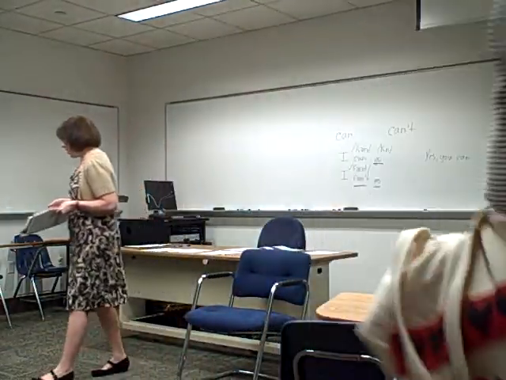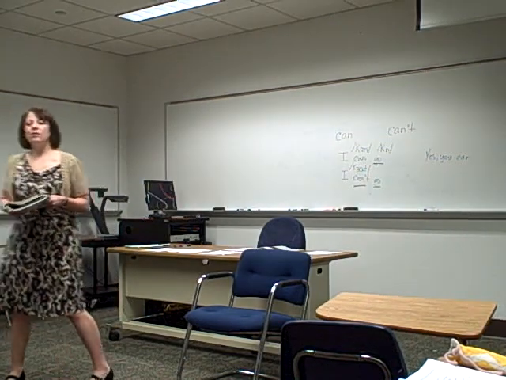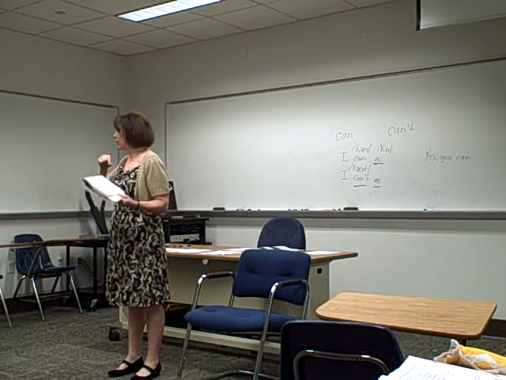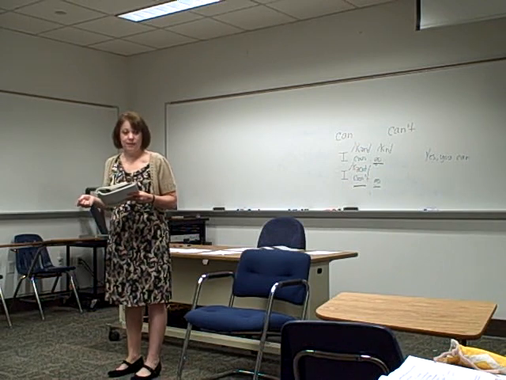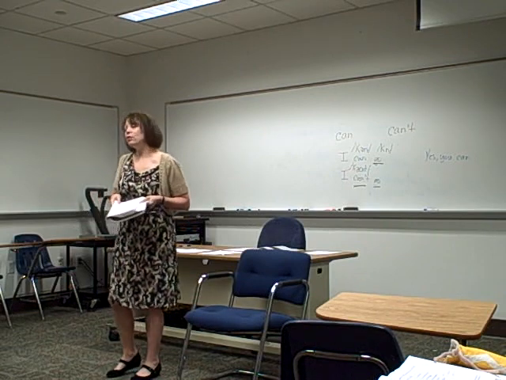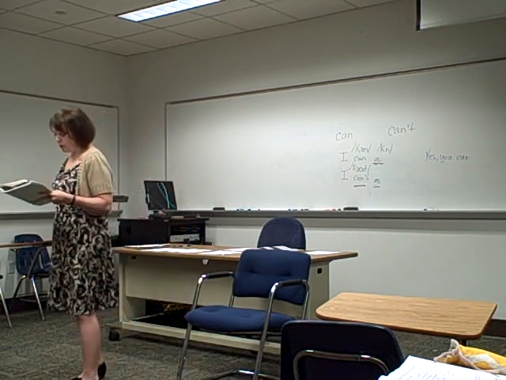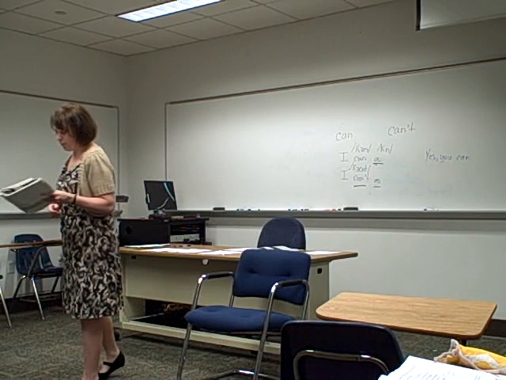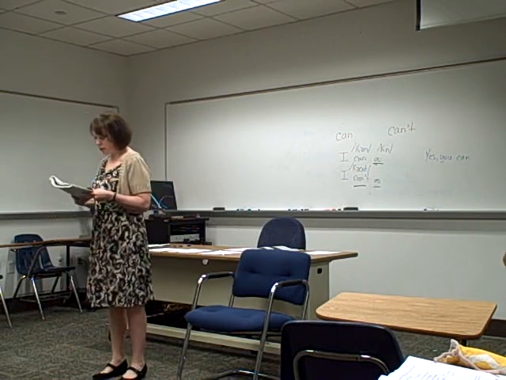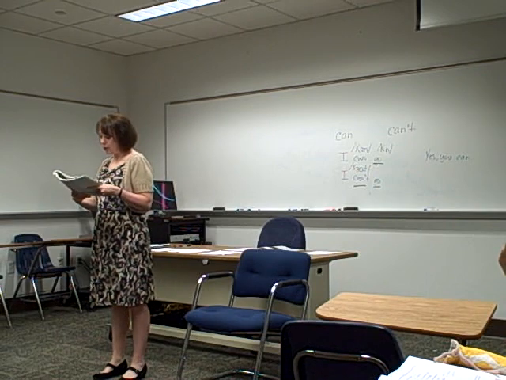Okay, so what you're going to do for the pairs exercise is you're going to work with your partner, and one of you will be student A, okay? Now, student A, you simply say a sentence, and you can choose either can or can't in each sentence, all right? But student B, you're going to listen carefully and you're going to give an appropriate response. So, for example, this is the example they gave us at the bottom of the page here: you can have pets in your apartment.